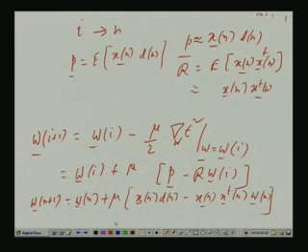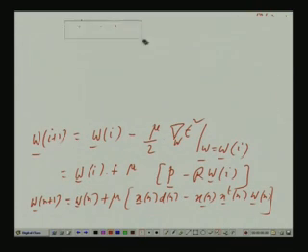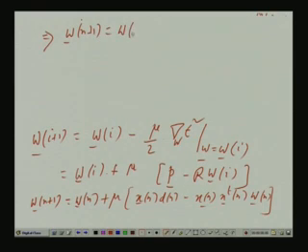Take x n out. That means w n plus 1 is w n plus mu x n, taking common, d n minus x transpose n w n.